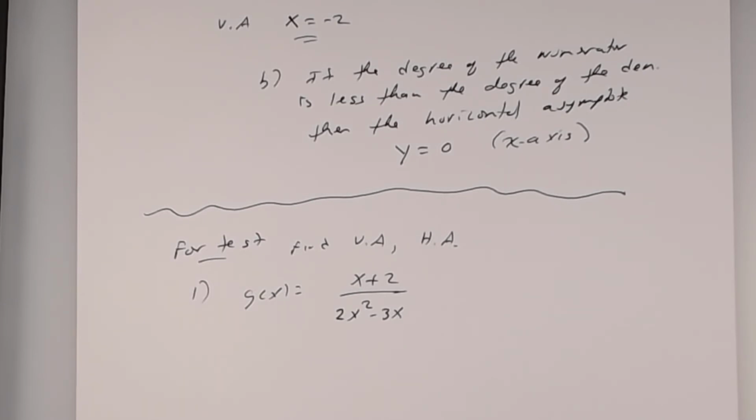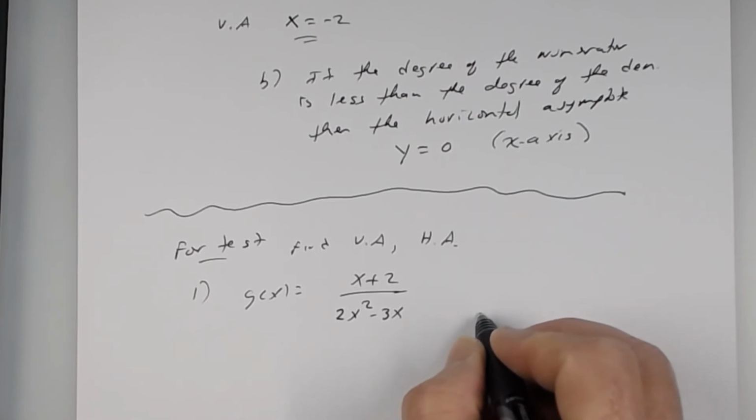You think the vertical? Okay. I thought you would have said the horizontal because what do you notice about the degrees? The degree of the numerator is less than the degree of the denominator. So the horizontal asymptote is right away what? 0. y equals 0. All right. But how do you find the vertical? Okay, so we find the restrictions first.